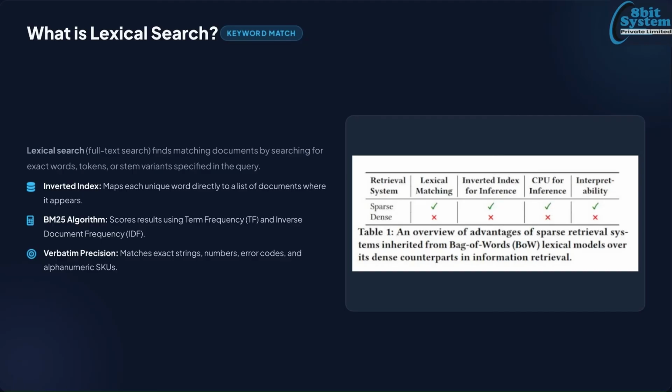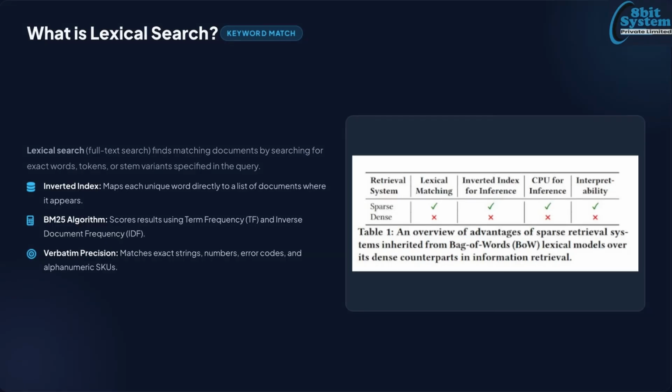The third is verbatim precision, which is a major strength of lexical search. It is excellent at matching exact strings, numbers, error codes, and alphanumeric SKUs. For example, if someone searches for an error code like HTTP 404 or a product ID, the user expects to see documents containing those exact values.